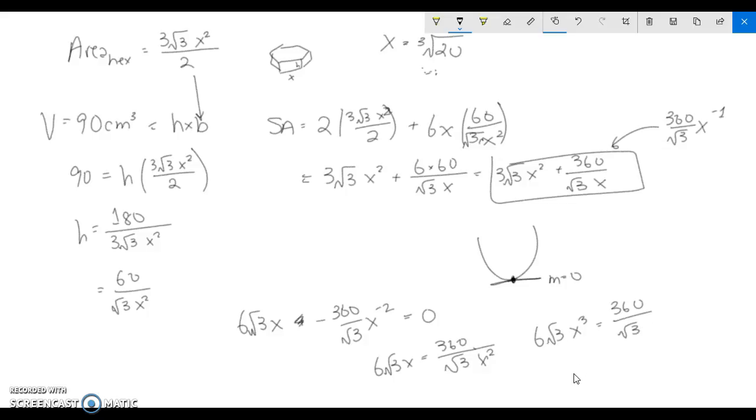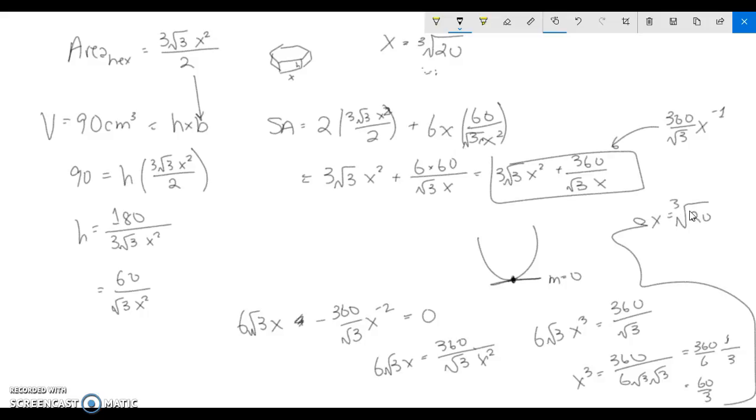Now we can divide that. x cubed equals 360 over 6 root 3 root 3, which is 360 over 6 over 3. So 360 over 6 equals 60, and 60 over 3 is 20. x cubed equals 20, which means x equals cube root of 20, which proves our original point. Alright, that's the end of the question.